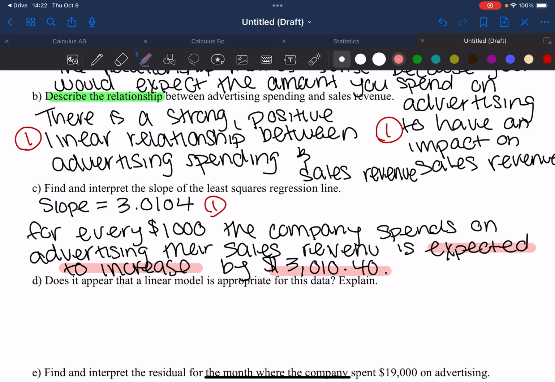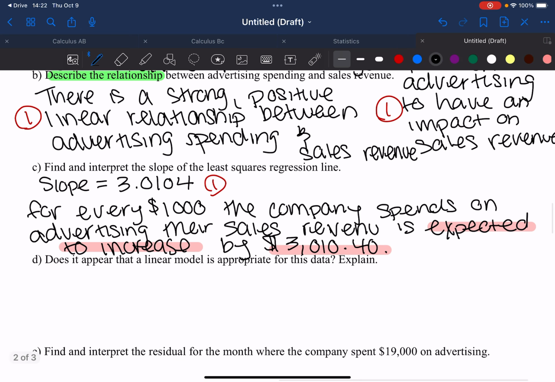Very important that you wrote it like this and you didn't write expected to increase by 3.0104. Okay, that was a point.